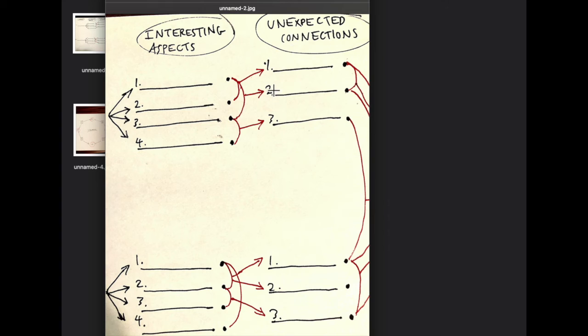And you'll want to find 3 of these. So in this case, I've chosen to connect 1 and 2, 1 and 3, and 3 and 4, but it can be any order that you want. And again, this is where the interesting part comes in. You'll find your brain giving you some answers to how these 2 things connect that you wouldn't have ordinarily thought of. So then list those 3, and then repeat the process for the second interest down here.